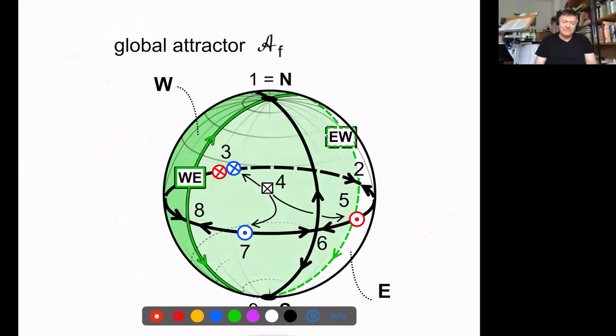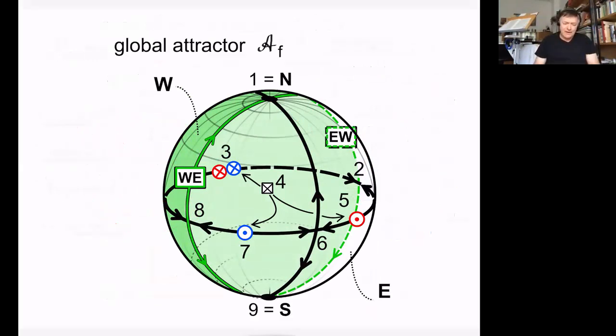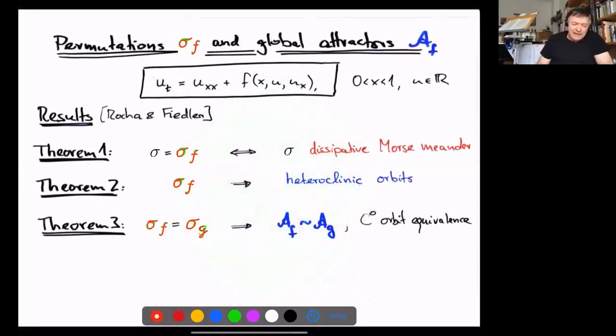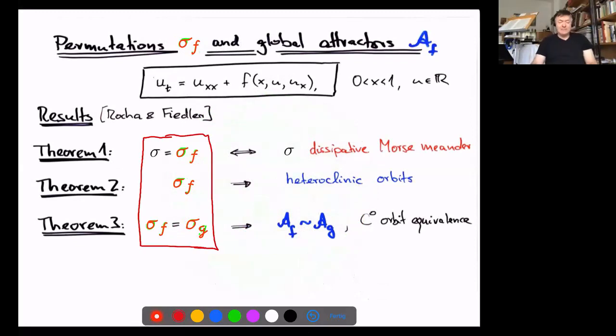So can we pass from the meander to the global attractor? And the answer is yes, we can. And these are all the results with Fiedler and Rocha, which tell you that the only thing you have to look at is this permutation, which describes the meander. And we characterized which permutations can occur.